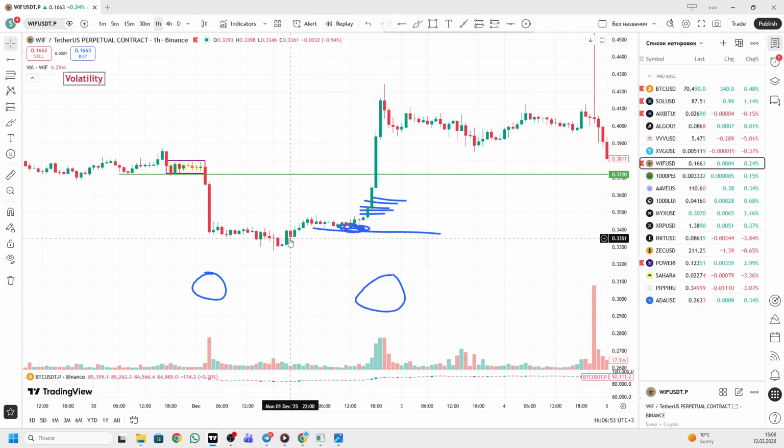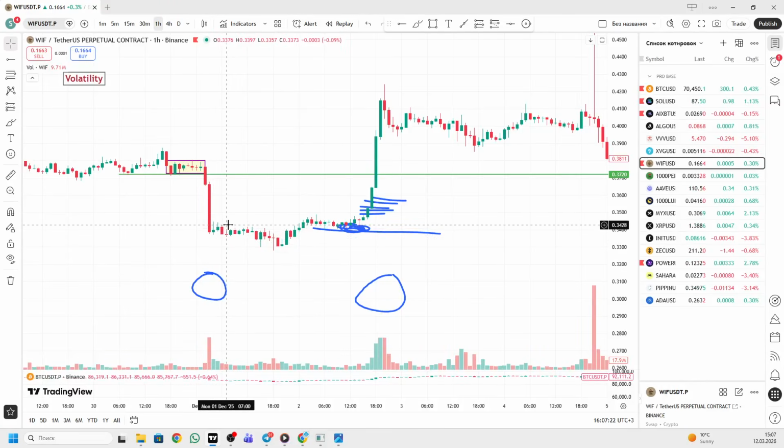This is something we are actively teaching now. This approach is called phase trading, a new and very powerful strategy. It is interesting and it is effective, and it gives a completely different way of looking at the market. But before we can properly use phase trading, we first need to clearly understand the phases of the market itself.